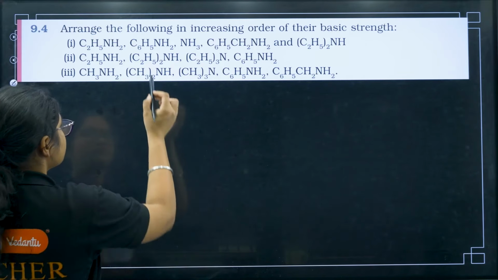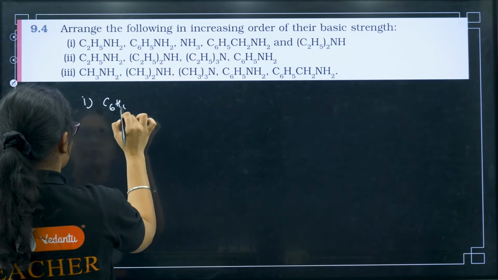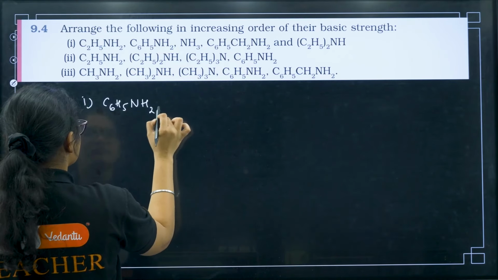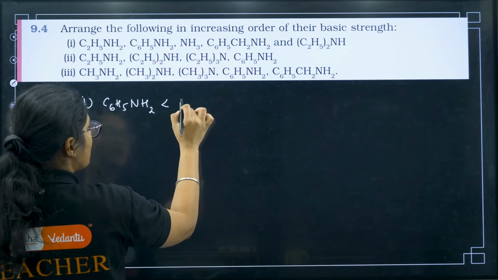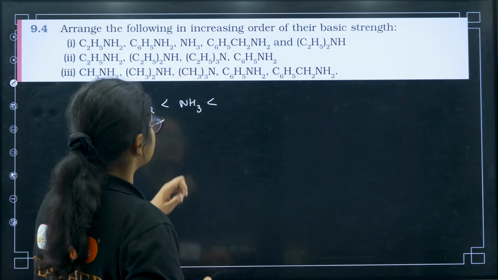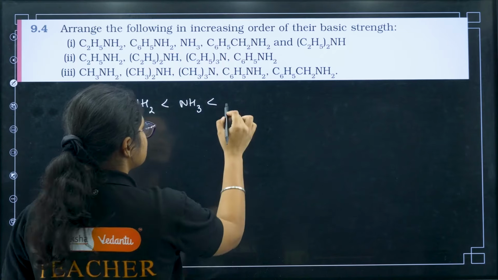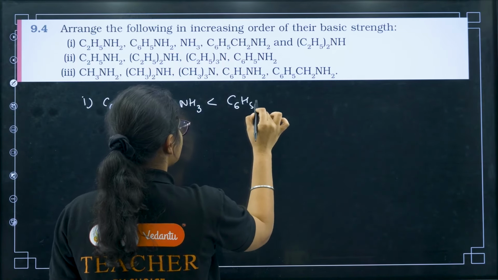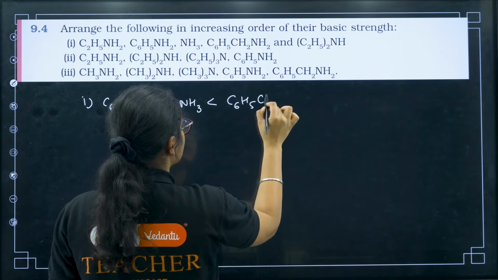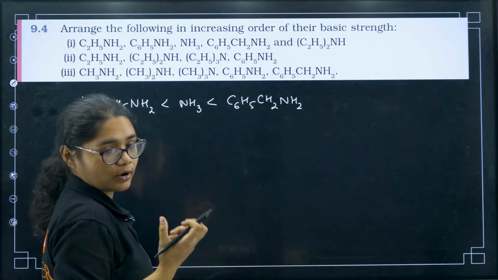Okay, so first of all, whenever we have this aryl amine, that is the least basic, always. After that, there is ammonia, no R group, so there is no induction effect, so we can have this one. Next, you have primary amines. Primary amines are less basic because of only one R group, so I can write CH2NH2, and this is also an electron withdrawing group.